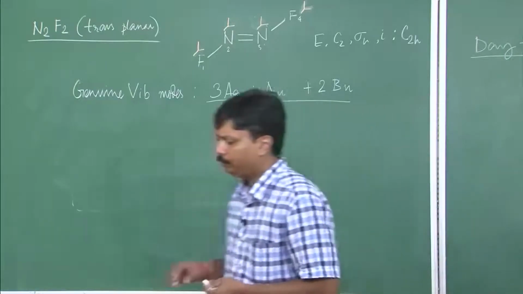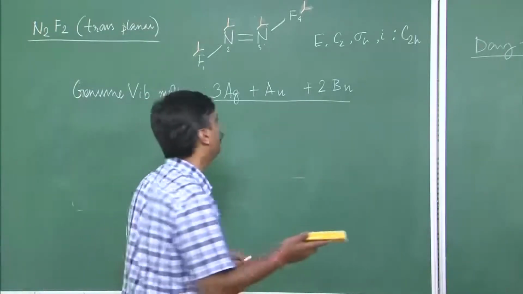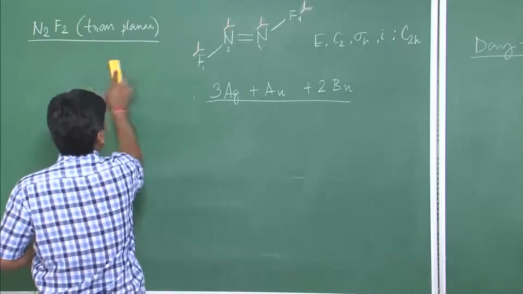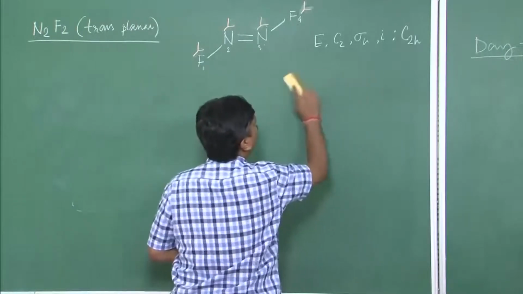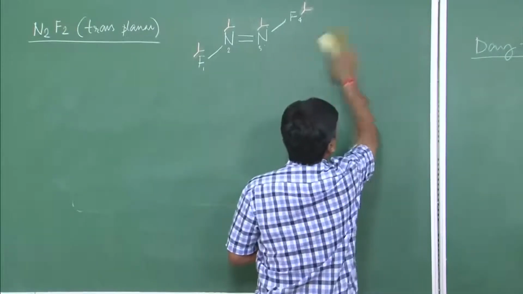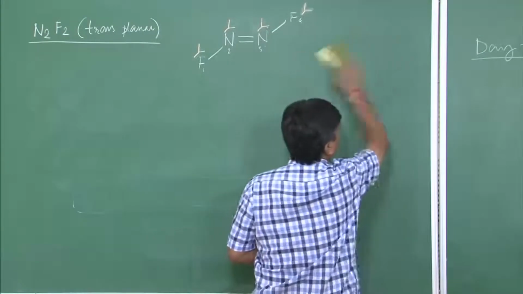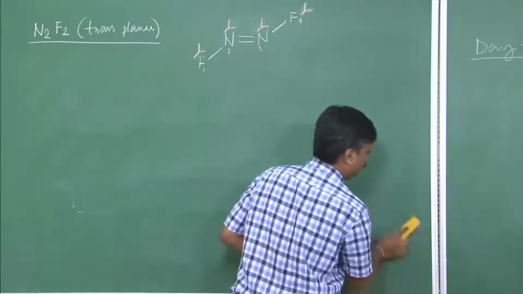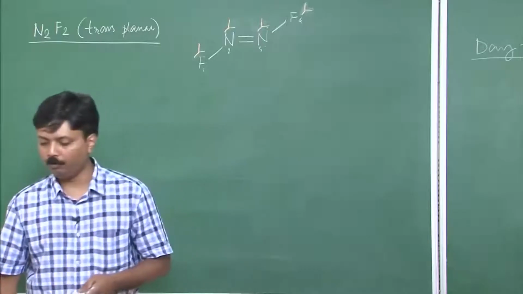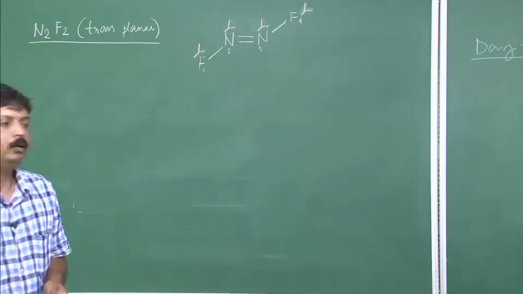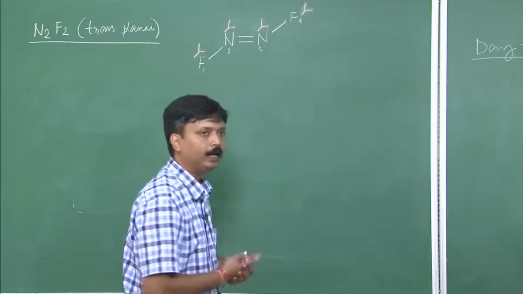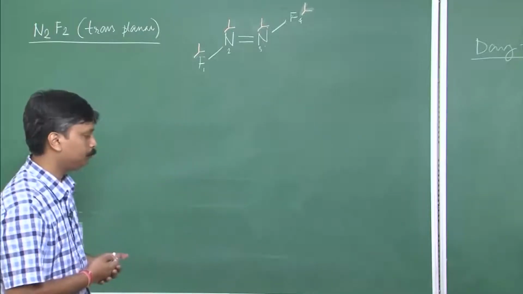So let's start with formulating how we can find out about the possibility of one particular type of activity, that is infrared active or Raman active.